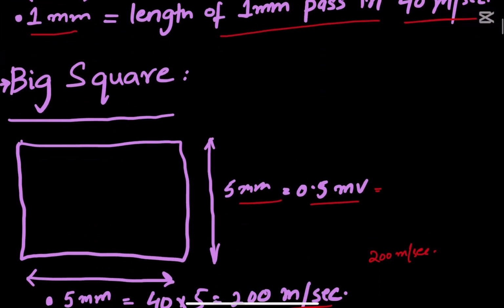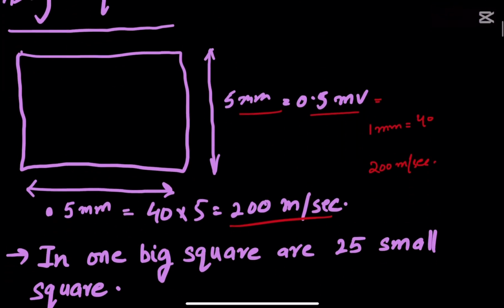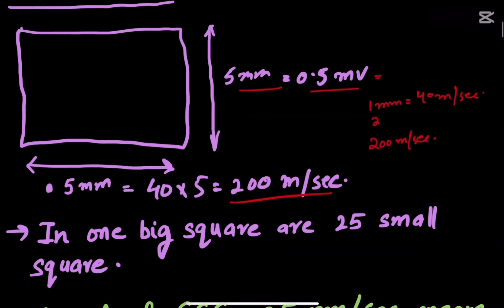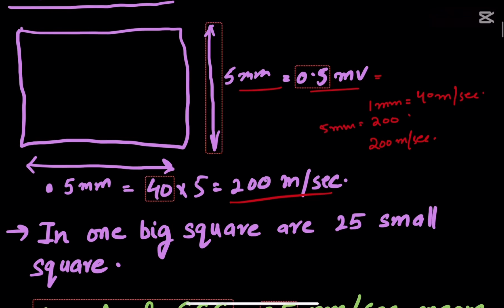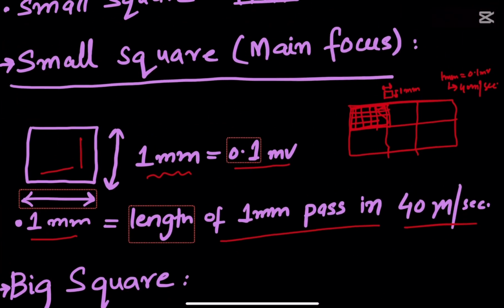If the 1 millimeter area passes in 40 milliseconds, then the 5 millimeter area passes in 200 milliseconds. Okay, so this was about the small squares and the large squares in the ECG paper.